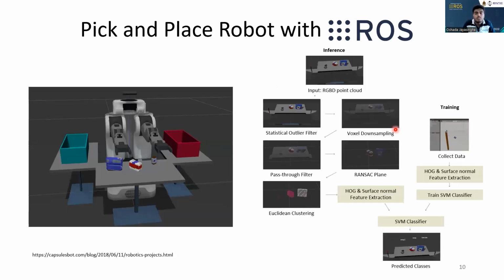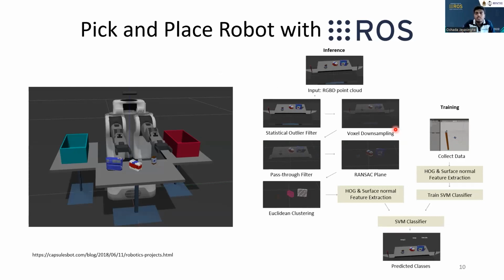Let's move on to some examples of perception tasks done with ROS. This is a pick and place robot, and what it does is identify the objects in front of it and put them into two different bins.